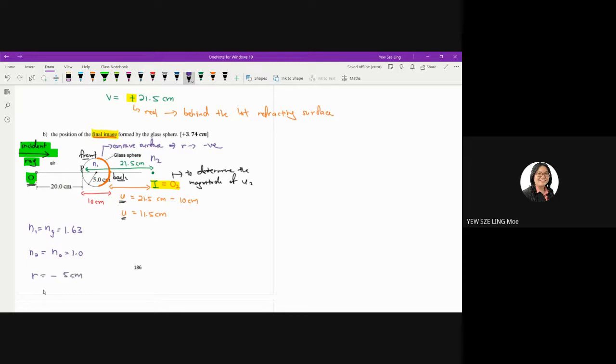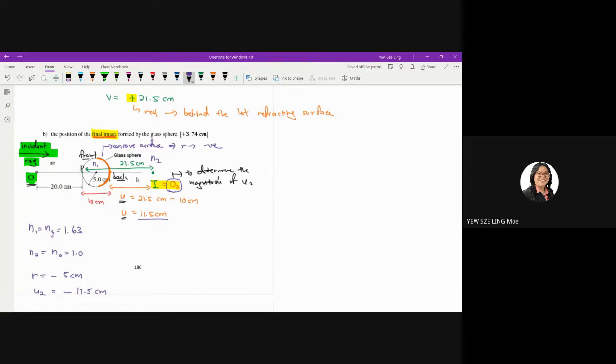And then how about U2? Now U2, if you look at the diagram, O2 is located behind the refracting surface. So after you obtain the value of U, which is equals to 11.5, then you need to write it as a negative 11.5 cm because it is located at the back of the refracting surface.